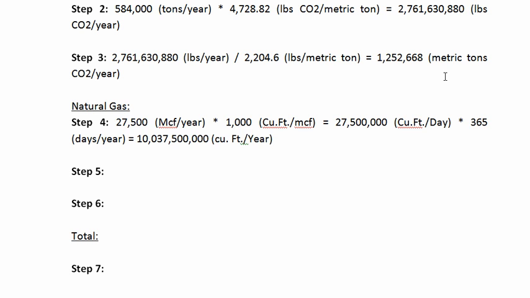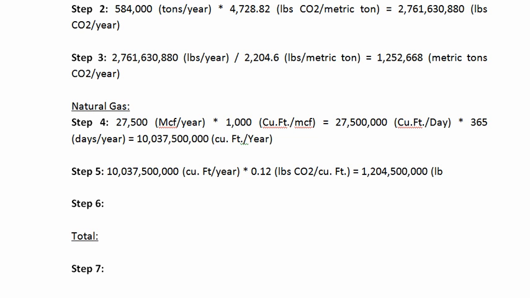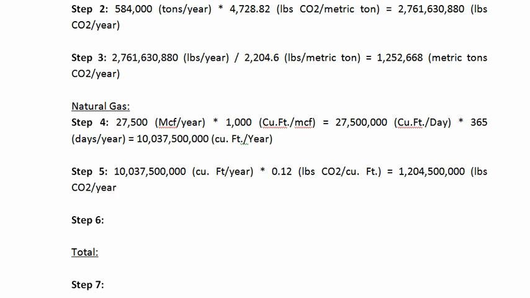We've got 10 billion 37,500,000 cubic feet per year. Multiply that by 0.12 pounds of CO2 per cubic foot, and that gives us 1,204,500,000 pounds of carbon dioxide per year.